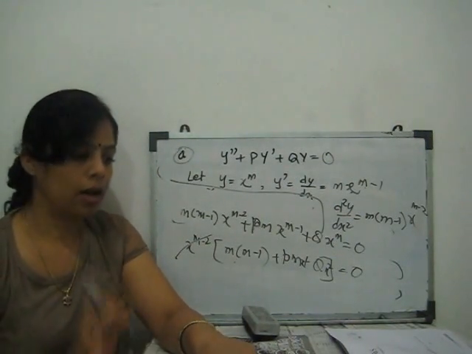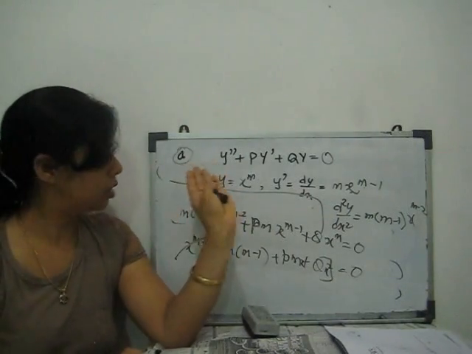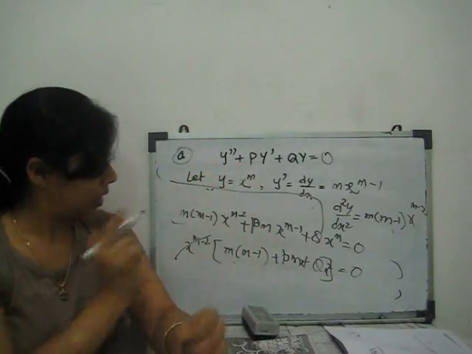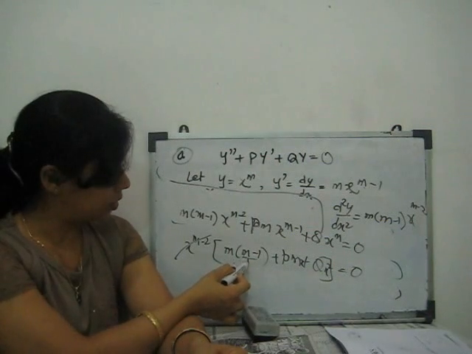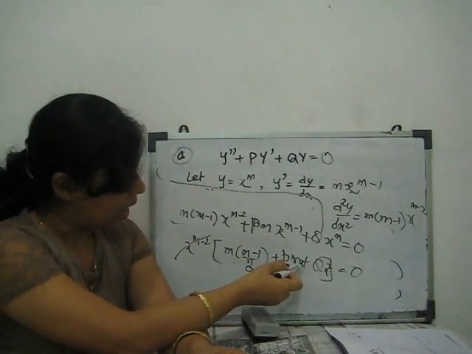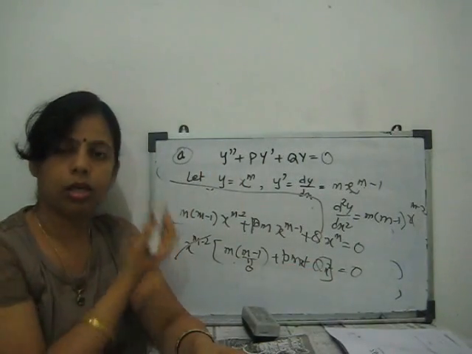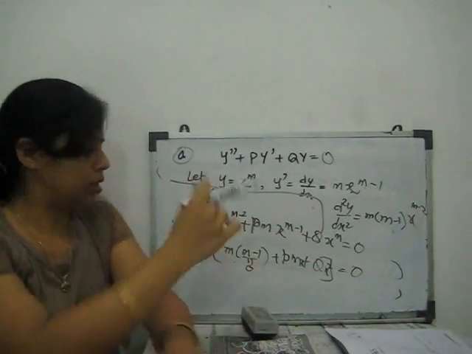First, if m is equal to 1, then x to the power 1. If m is equal to 1, this m minus 1, that is 1 minus 1, goes 0. So what is the condition? p x plus q x square is equal to 0. Again taking x outside, the equation is p plus q x is equal to 0.